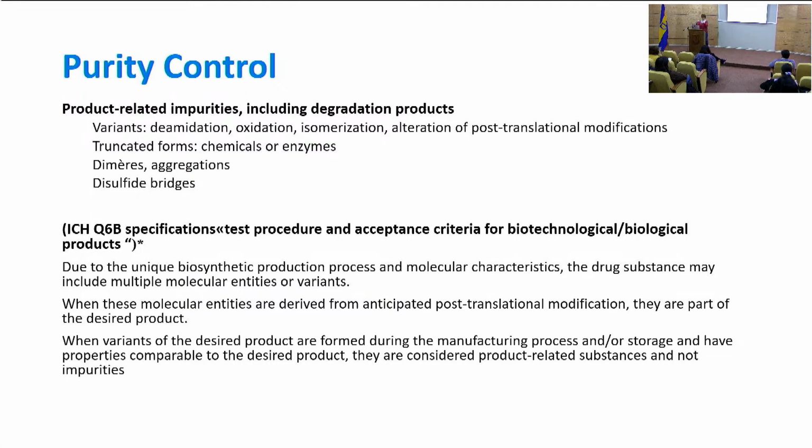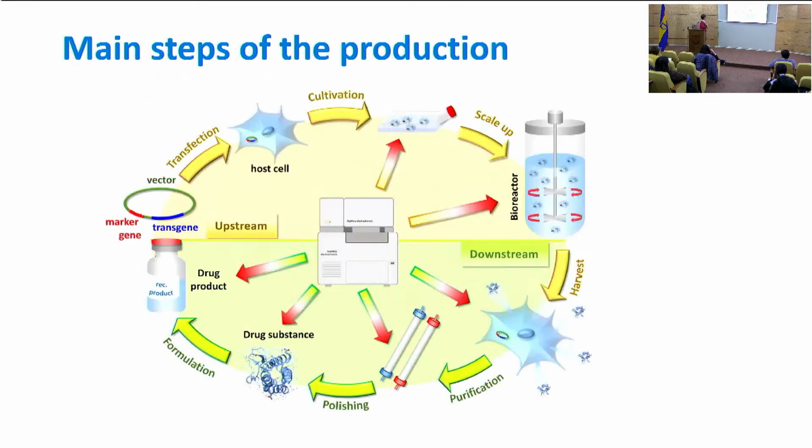Just as highlighted here, when you produce the recombinant protein, you have the upstream process and the downstream process, which I will explain. After the first part of the downstream process, so harvesting, purification, polishing, we obtain the drug substance, and after its formulation, it's called the drug product, okay?